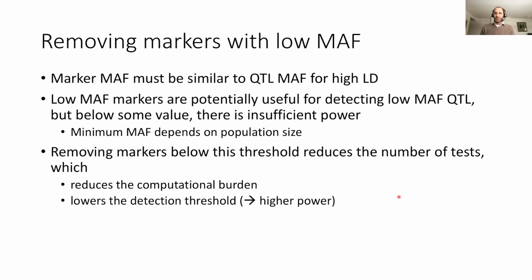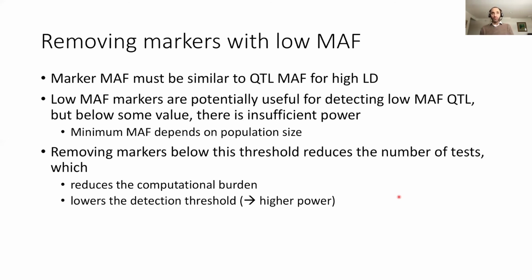Okay, this next slide here is a little bit of a technical point, but I think most people are aware of the concept that you typically do some filtering of your markers based on their minor allele frequency before you run the analysis. Why do you do that? This is just to explain the rationale for that a bit better. We've talked about how you need high LD between the marker and the QTL for the marker to pick up the QTL when you do your scan.